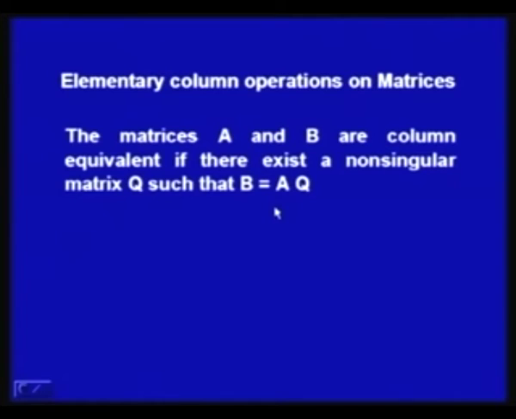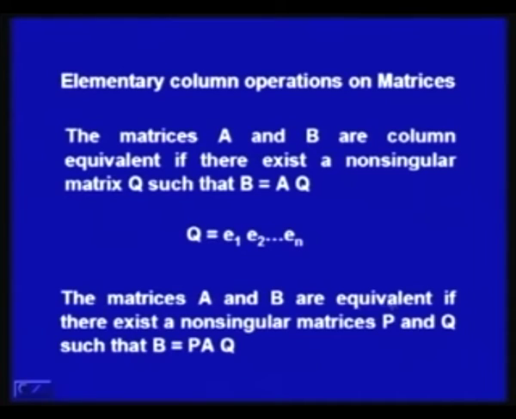That is the basic difference between row operations and column operations. And this matrix Q is actually a series of elementary column matrices, E1, E2, En. I am using small letters E1, E2, En to denote the elementary column matrices. So, Q is equal to E1, E2, En.